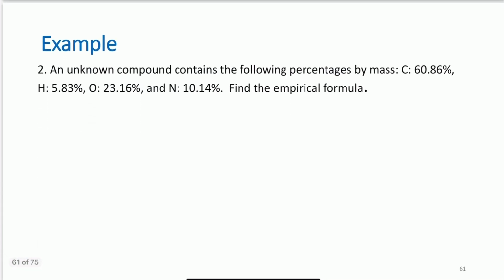An unknown compound contains the following percentages by mass. Carbon, 68.06%, hydrogen, 5.83%, oxygen, 23.16%, and nitrogen, 10.14%. Find your empirical formula. What is empirical formula?